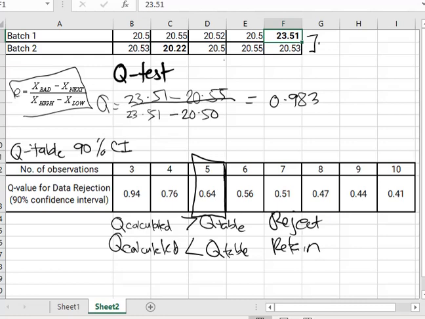So in this case, at 90% confidence interval, Q calculated, which is 0.983, is greater than the Q table, which is 0.64. That means we have to reject 23.51. And since we need to reject that, if we calculate the mean, we only need to calculate the mean for these 5 measurements and the standard deviation.